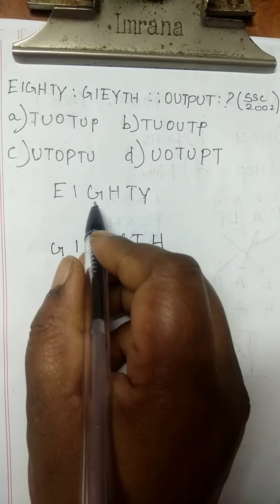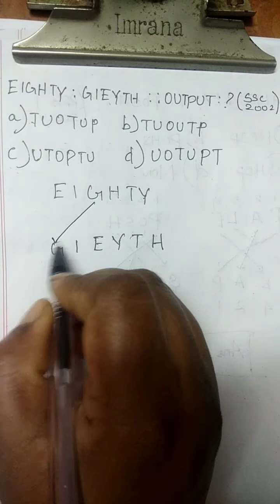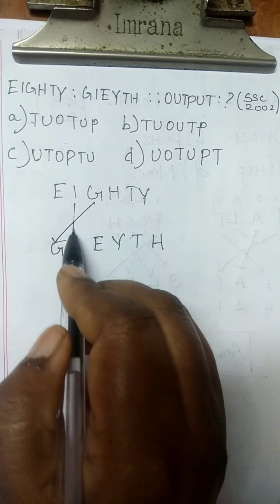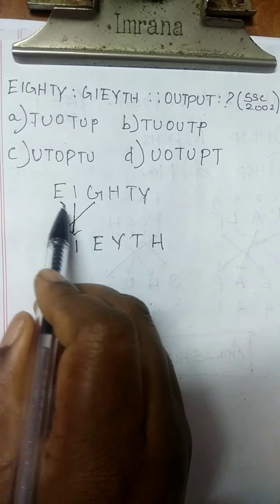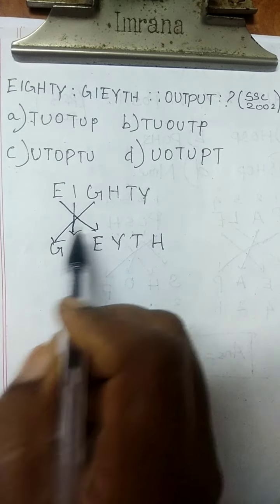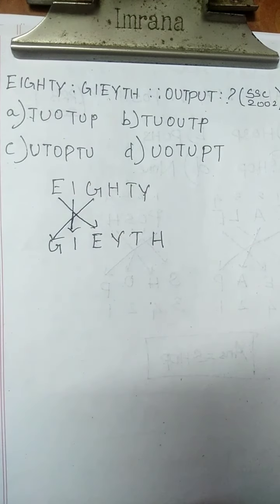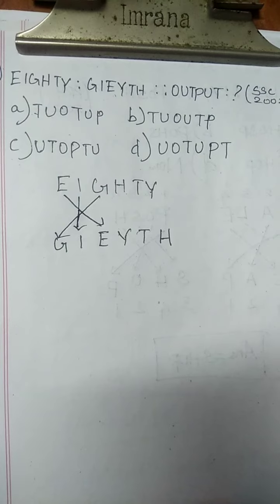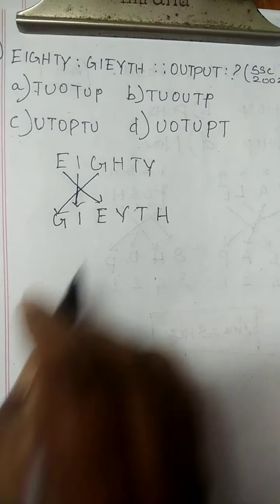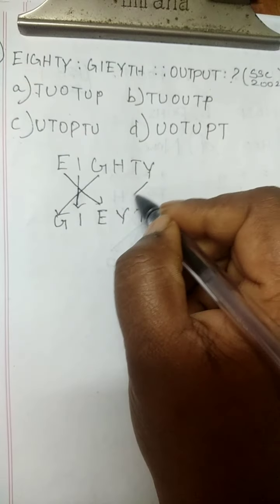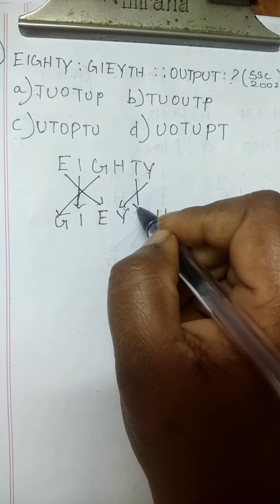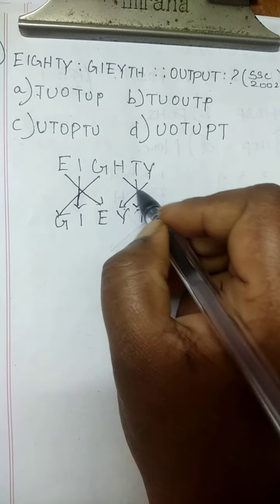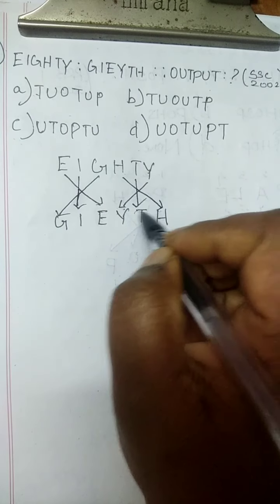See here, the G comes first, I stays in the same place, and E goes to the third place. And same for Y. Here T retains the same place, and H is at the last.